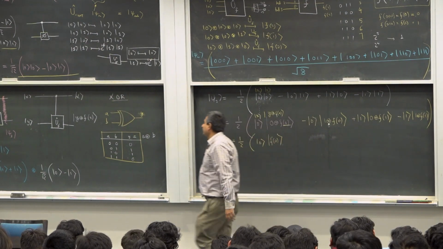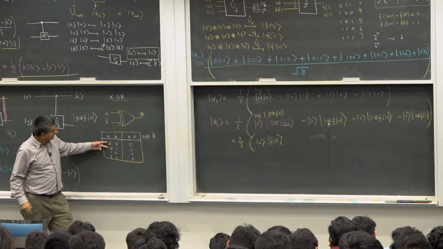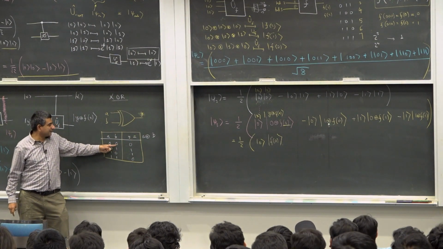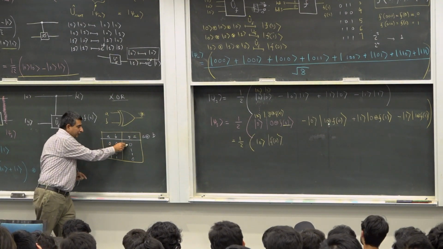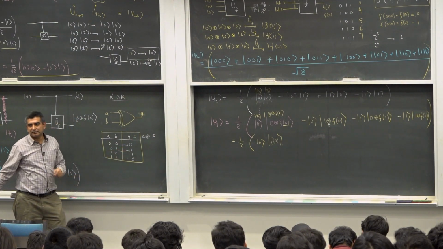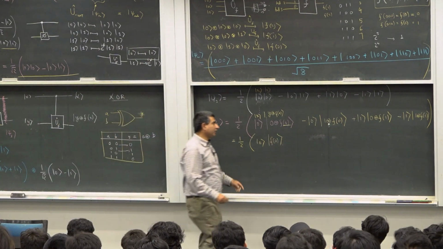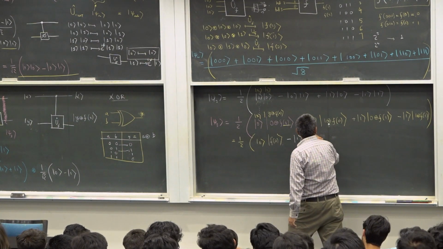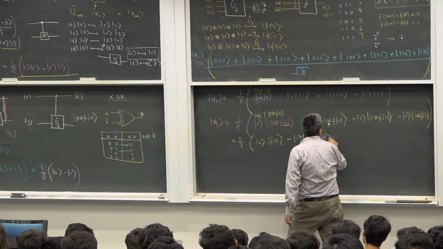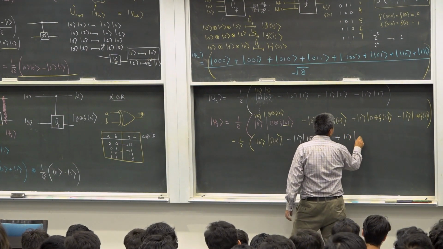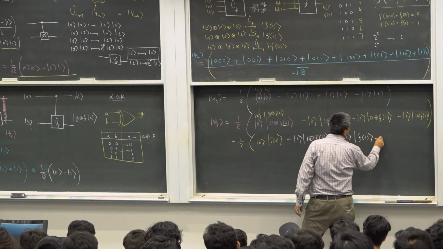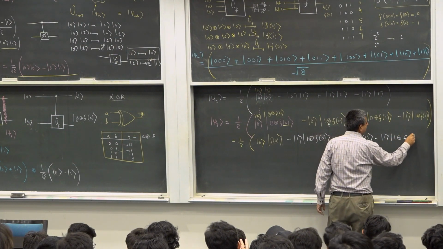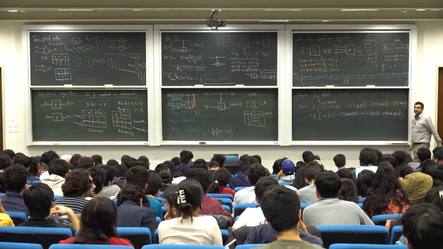How do you know this? If the first qubit or one qubit is 0, the output is just the second qubit. So this 0 carries over here, this 1 carries over here, right? So this is f of 0, minus ket 1, 1 exclusive OR f of 0, plus ket 1 f of 1, minus ket 1, 1 exclusive OR f of 1. All right, so far so good.